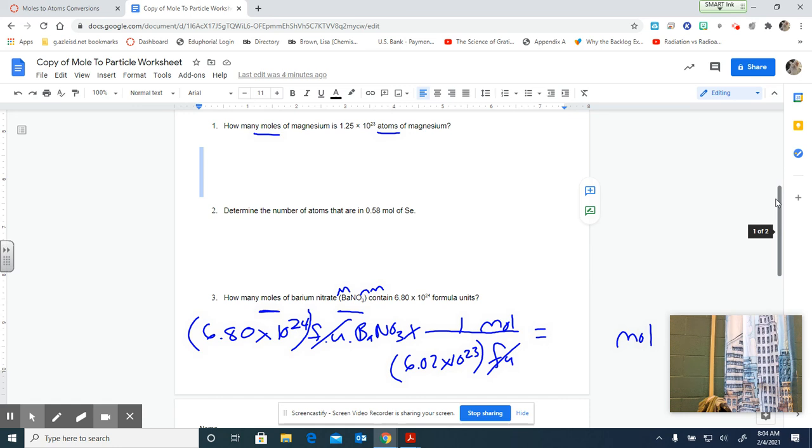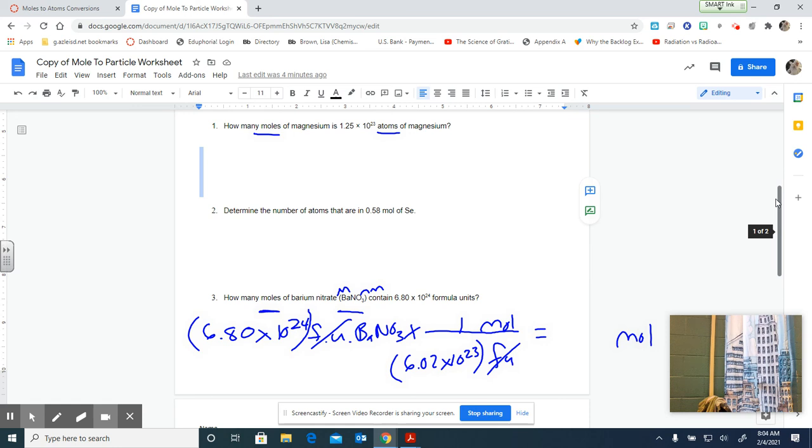So when I'm putting this in the calculator, remember we multiply the top. That would be parentheses 6.8 times 10 raised to the 24th, close my parentheses, times 1. But do I really have to multiply by 1? No, I'm going to leave that step out because I know it's the same number. And then I divide by the bottom, which is 6.02 times 10 to the 23rd.